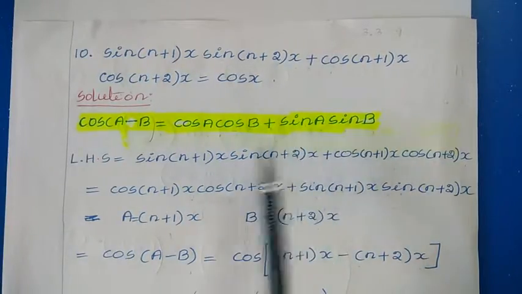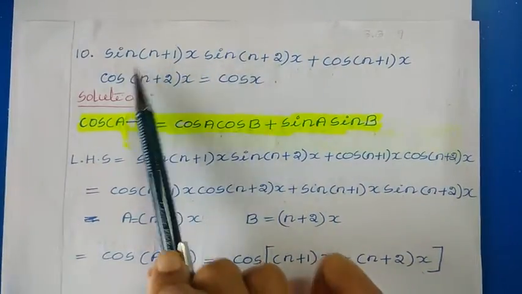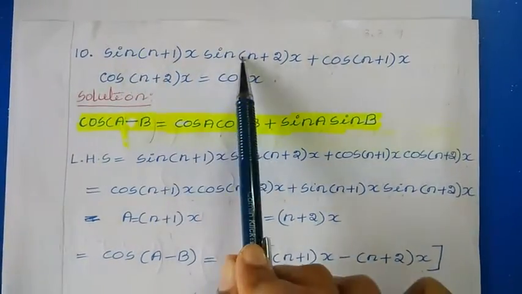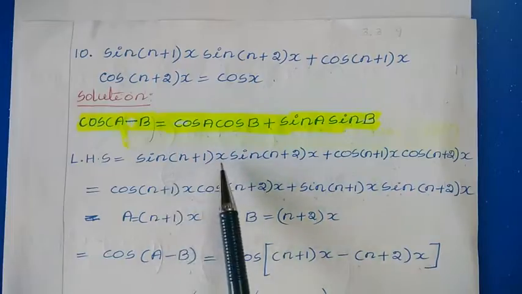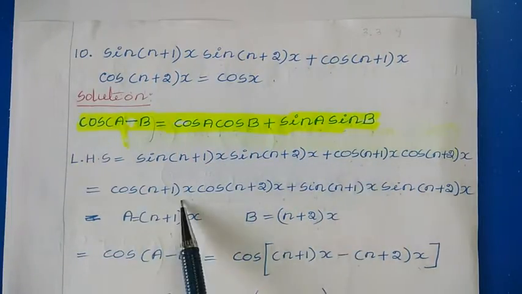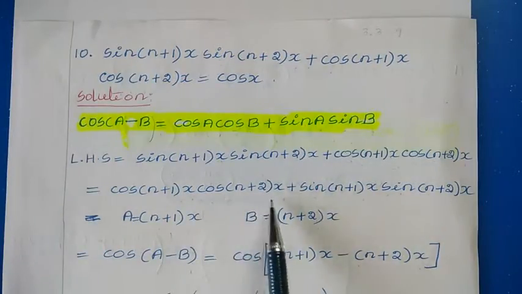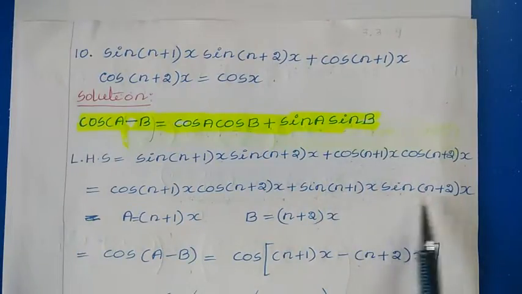You can observe that here we have cos, cos, sin, sin, and in the question also we have sin, sin, cos, cos. So I will rewrite this left hand side. So we get cos (n plus 1)x cos (n plus 2)x plus sin (n plus 1)x sin (n plus 2)x.